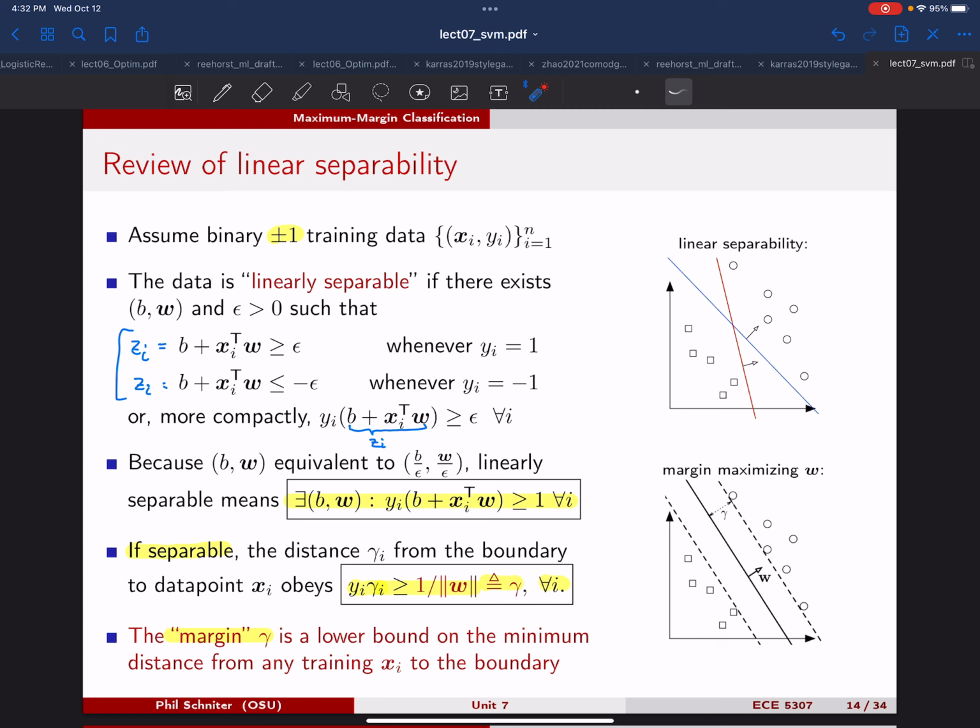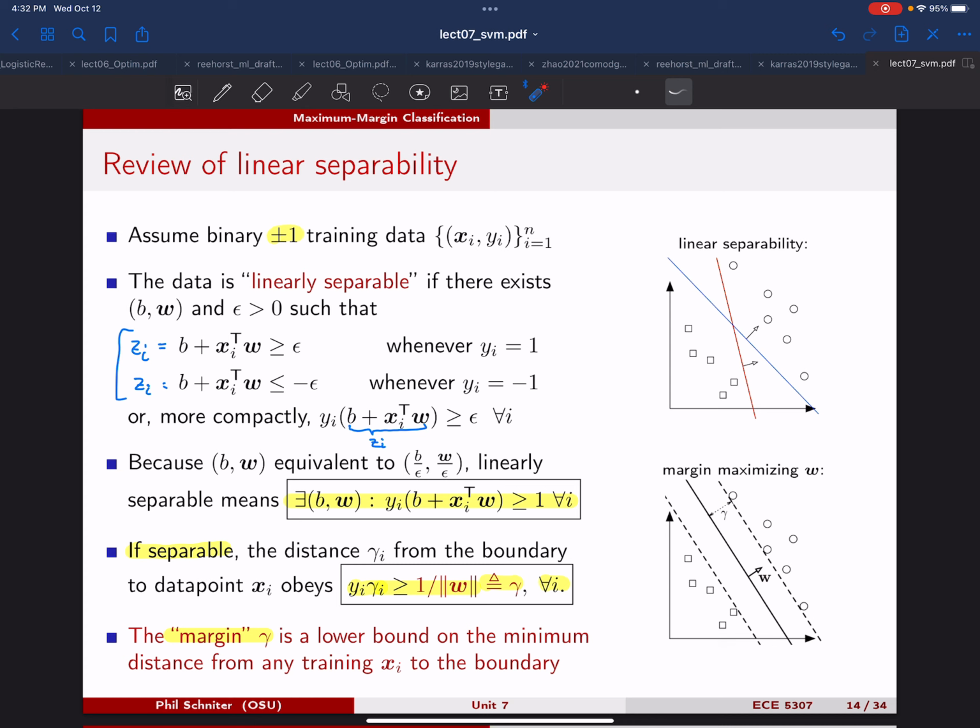So that's this margin. It's a lower bound on the minimum distance from any training point to the boundary. And moreover, when this data set is linearly separable, you could say, well, if that gamma holds, then maybe there's even another gamma that holds that's smaller.